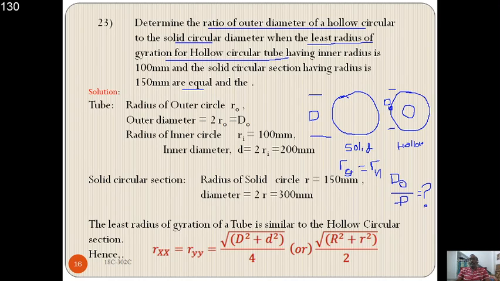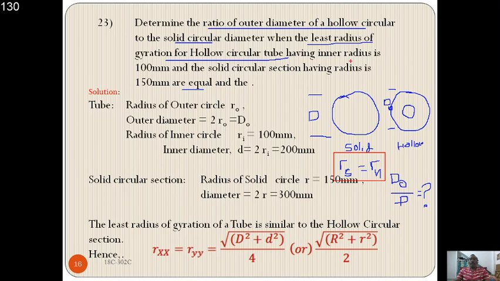So this is the condition he has given for us to determine the ratio D naught by D. For this he has given some values of the radii.